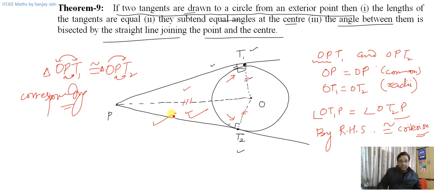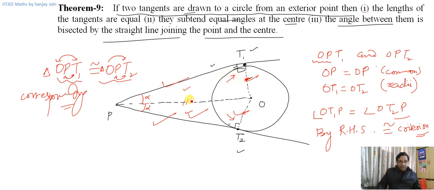That is PT2 is equal to PT1, because these are corresponding parts, right? You can see the correspondence from here also. Otherwise, from here you can see the correspondence, because these two sides, this and this one, are equal. So their opposite angles, that is this angle and this angle, are going to be equal, right? What can you say about other parts?